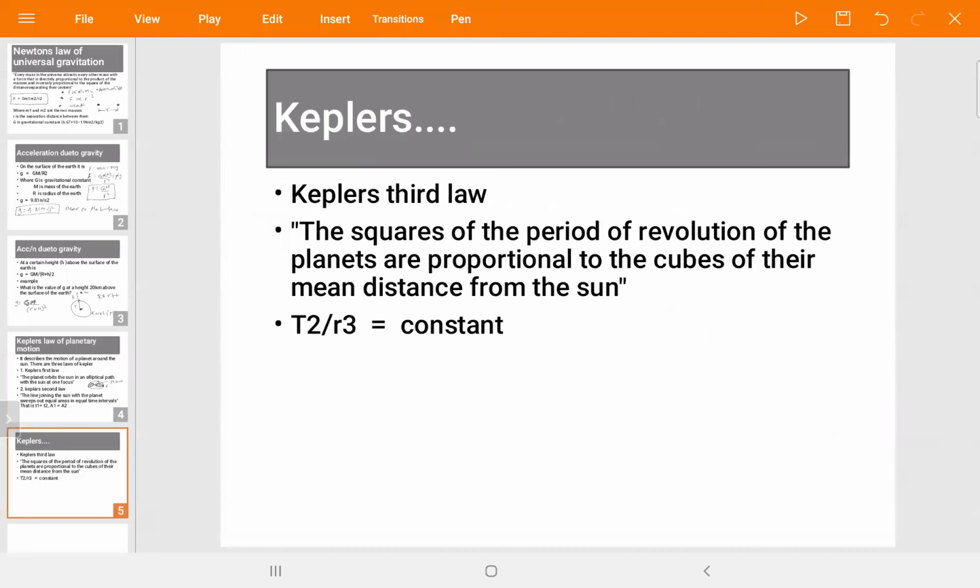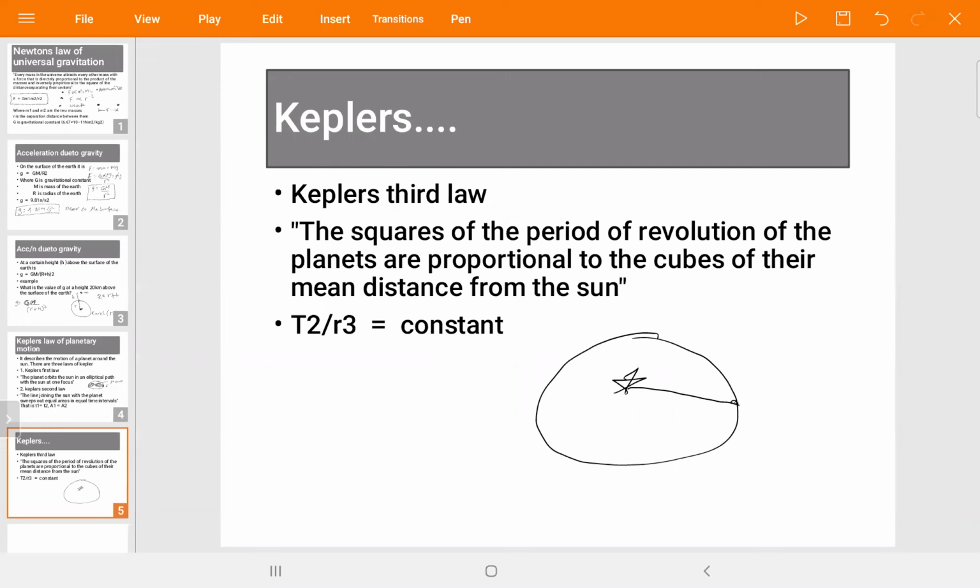And Kepler's third law states that the square of the period of revolution of the planets is proportional to the cube of their mean distance from the sun. For example, we do have the sun, and any planet is revolving around the sun, and the distance from the sun to the planet is not equal.